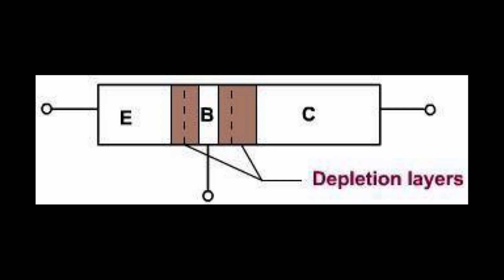So, depending upon the biasing of the junctions, the active mode, cut-off mode and saturation mode come into play. In the cut-off condition, both emitter base junction and collector base junction will be reverse biased.